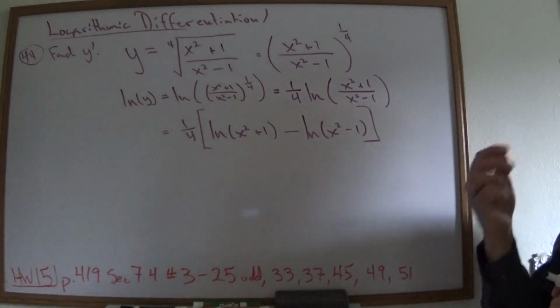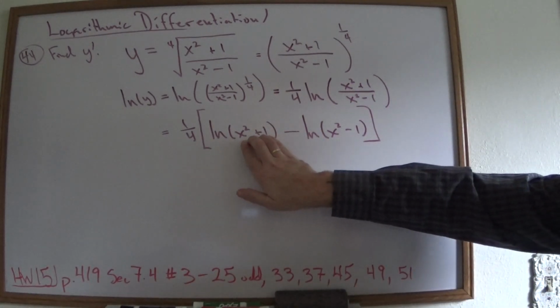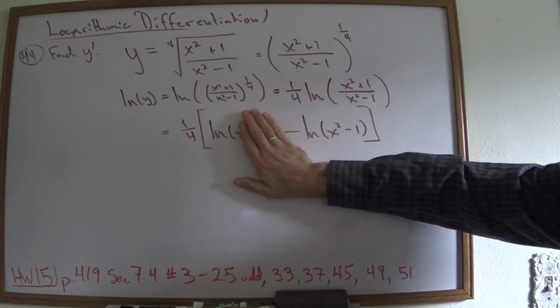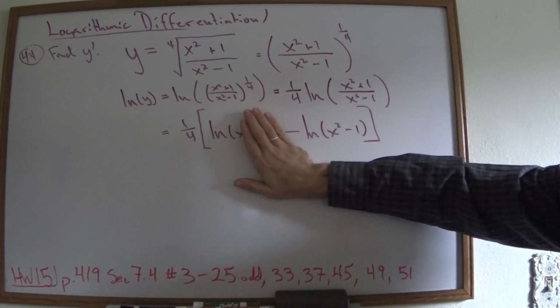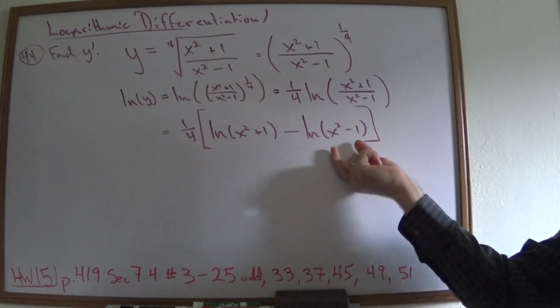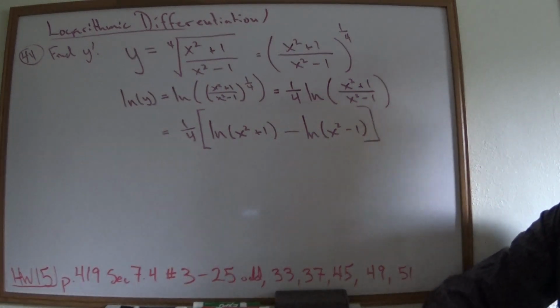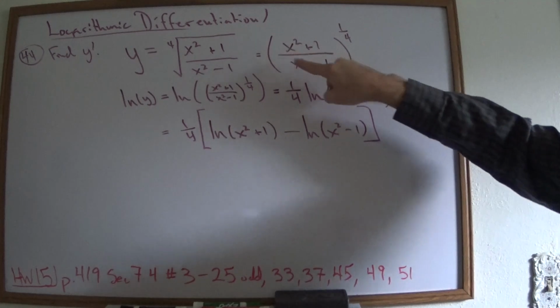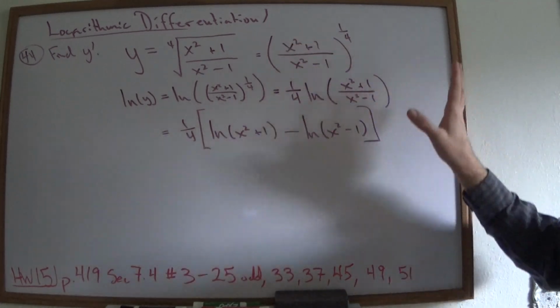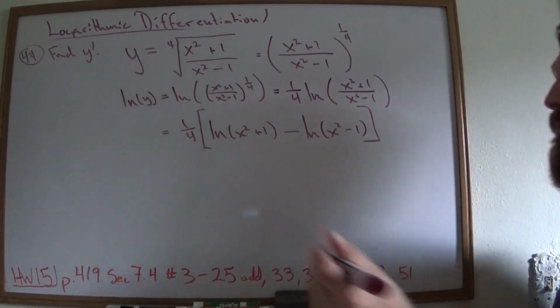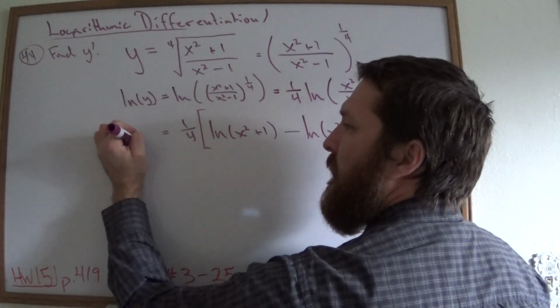The only thing to remember is now we have a function in here, so we take the derivative of that: 1 over that stuff, multiplied by the derivative of the inside stuff. And that inside stuff I can deal with, whereas with this, oh, yikes, I don't want to deal with that. So ln y is here.